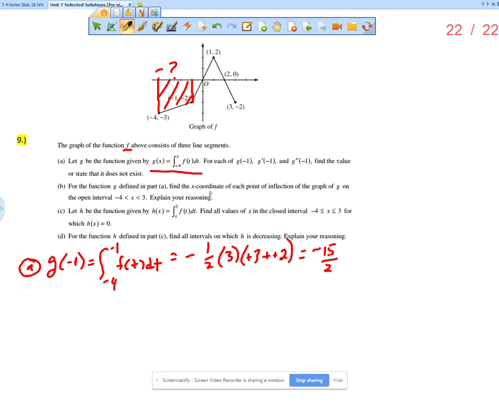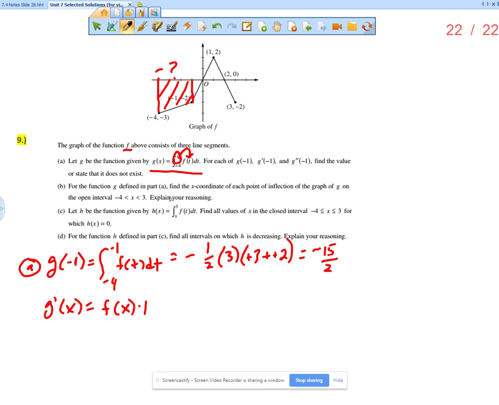Next, g prime of -1. We need to think about g prime of x first. Given the second fundamental theorem of calculus, if g of x is defined this way, then g prime of x is found by taking x and putting it in place of t. So g prime of x is simply f of x times the derivative of x, which is just 1.